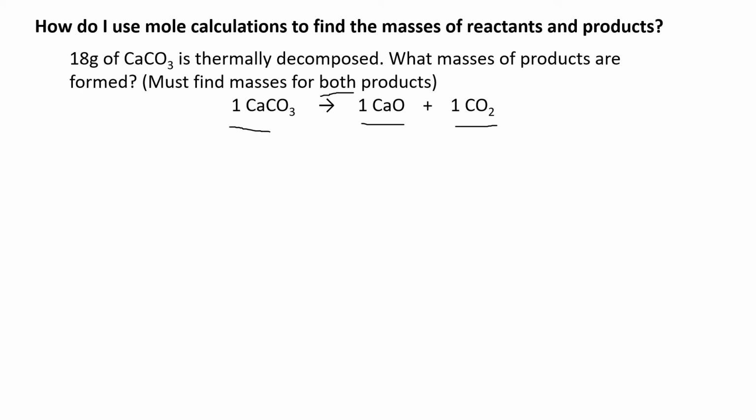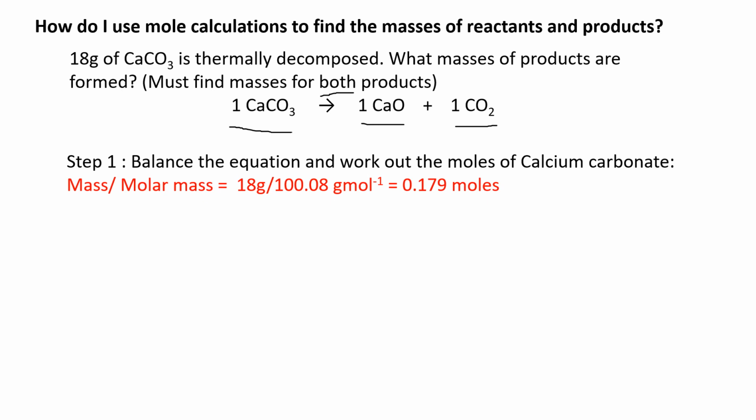In this case, the equation is already balanced. So you straight away work out the moles of calcium carbonate. The mass of calcium carbonate given is 18 grams divided by 100.8, which is the relative molecular mass of calcium carbonate. That gives us 0.179 moles of calcium carbonate.